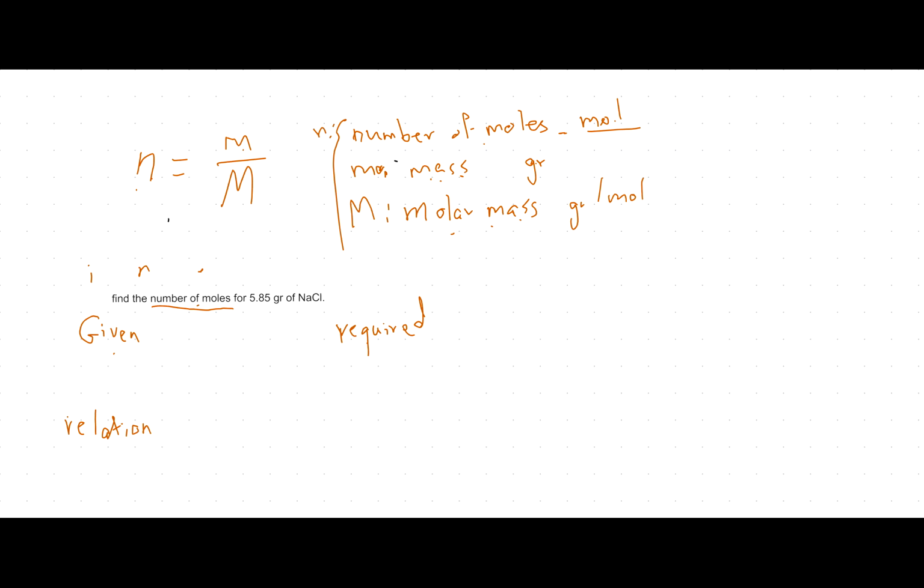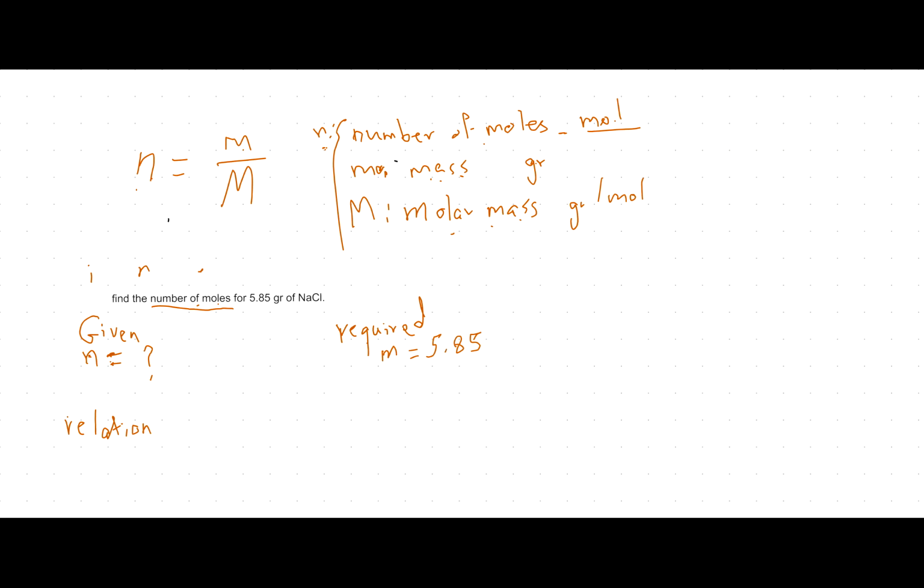So he is asking me to find the N, how much is the N. That is the required. He asks me to find the number of moles if sodium chloride has 5.85 gram. So the mass is equal to 5.85 gram.